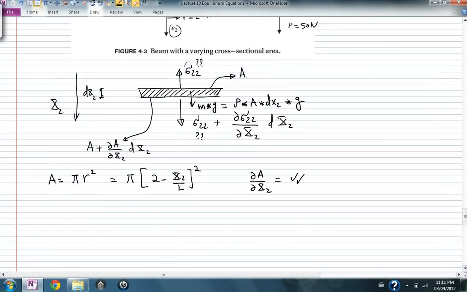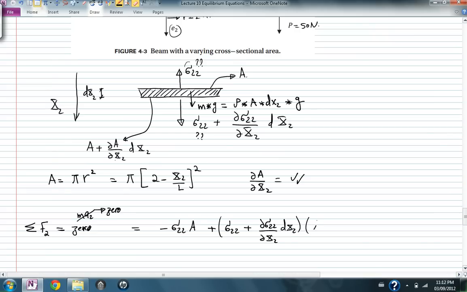So the equation of equilibrium is the sum of forces in the x2 direction is equal to 0. Why 0? Because I'm assuming static equilibrium, m a2 equal to 0. So the top force is negative sigma 2,2 multiplied by area. The bottom force is the stress multiplied by the area.